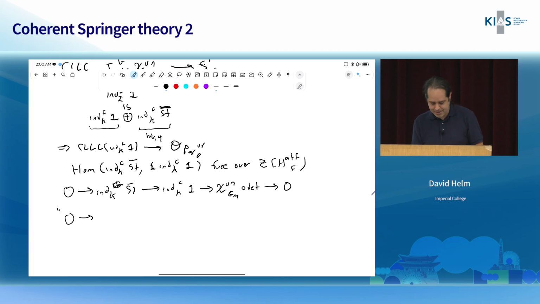That looks a little bad at first glance, because the structure sheaf of the whole scheme maps surjectively onto the structure sheaf of a subscheme. And so this is a sign that the equivalence has to be derived.